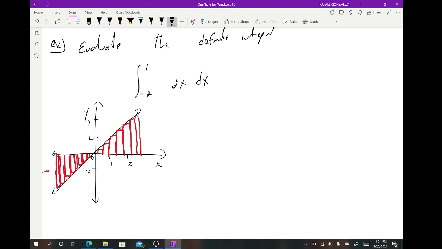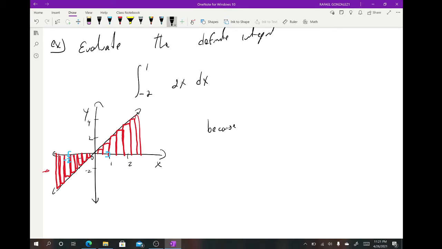Now, because this function is continuous on the entire number line, then if we pick the closed interval, like the closed interval negative 2 to 1, it should be somewhere like here, negative 2 to 1, so this interval right here, then this function is integrable on this interval.